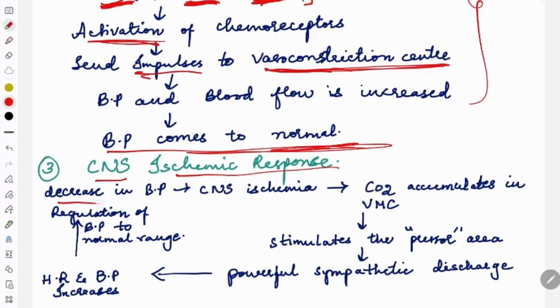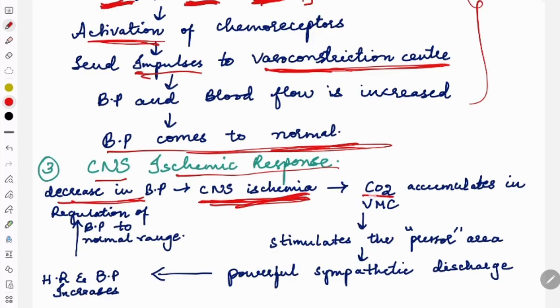Whenever there is decreased BP, that means there is decreased blood flow to the central nervous system, that is the brain and the spinal cord. There is CNS ischemia. What do you mean by CNS ischemia? Ischemia means there is decreased blood flow, that means decreased oxygen content in the blood. There is decreased blood supply to the central nervous system because of decreased blood flow.